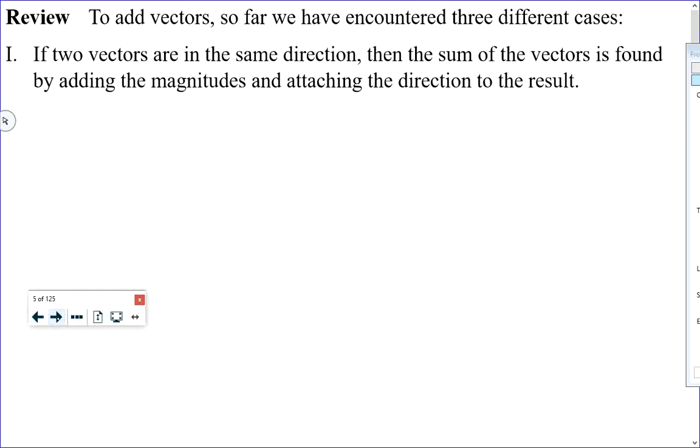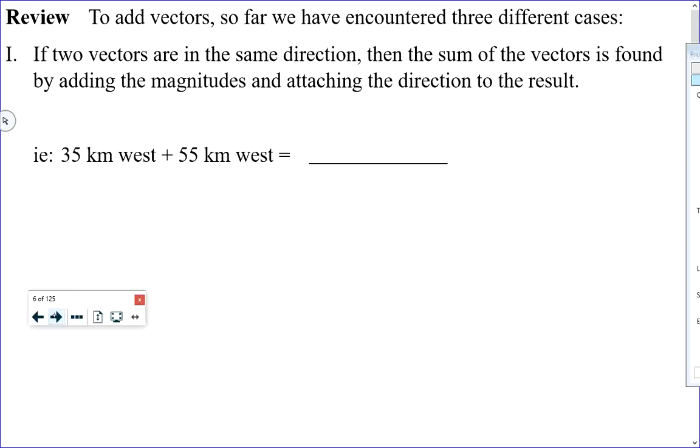If 2 vectors are in the same direction, the sum of the vectors is found by adding the magnitudes and attaching a direction to the result. This is so simple, right? So if I said to you, what is 35 kilometers west plus 55 kilometers west, you can add these 2 together. Please do not get ahead of me in your notes, just follow along up here.